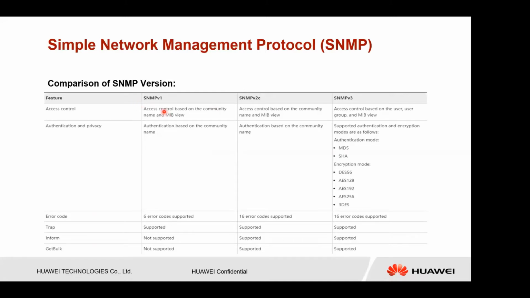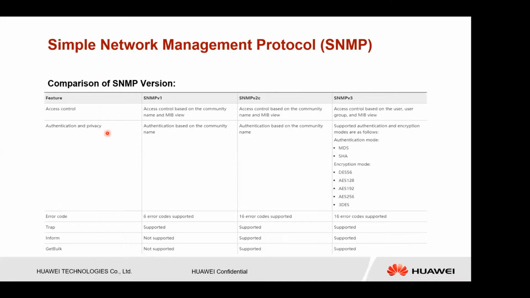And also we use the MIB view, management information base, which has the information of the database of the device, which covers the entities of the device. While for SNMP v3, it uses access control based on user, user group, and also MIB view. So first of all, when you configure SNMP v3, you need to configure the user group, and you need to specify the MIB view.